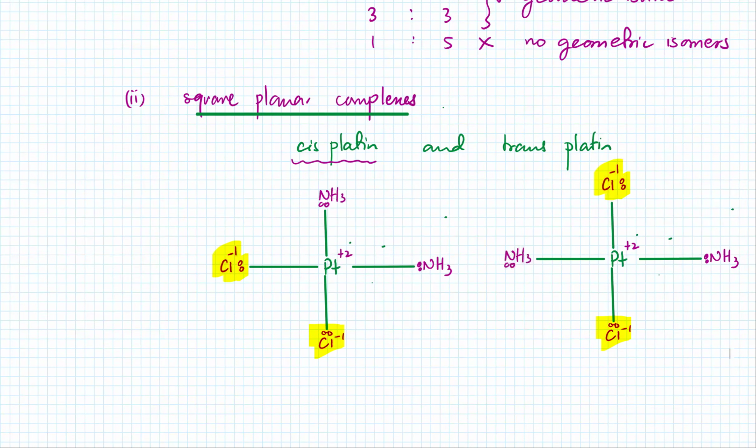Draw this correctly. One second. So the Cl is at the top and the NH3 is over here, and the Cl's are opposite to each other. So that's my transplatin. Okay, is this clear?